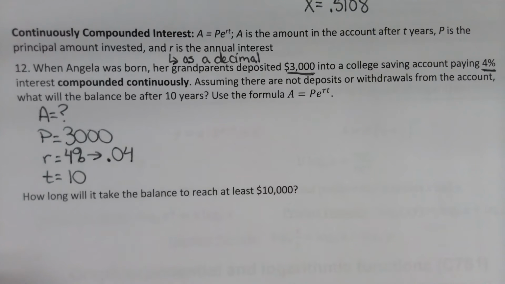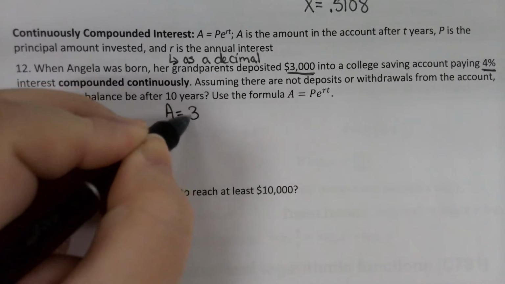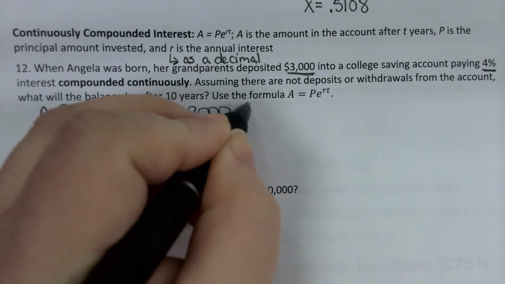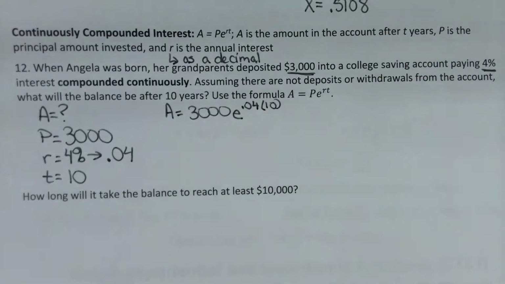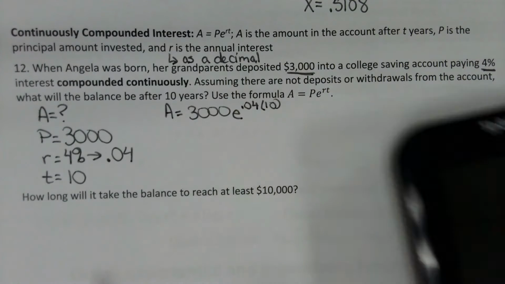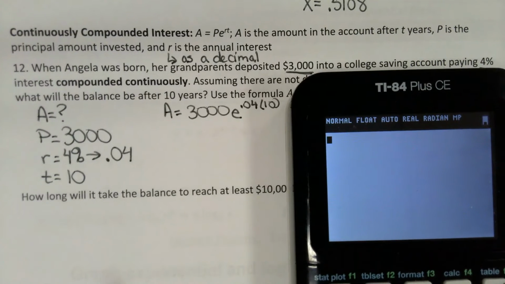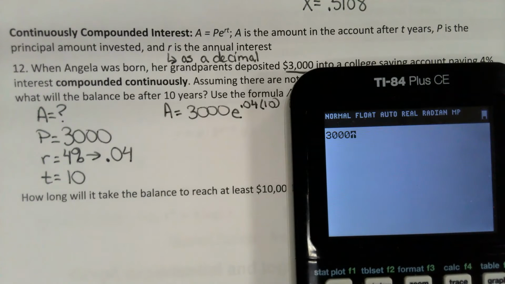So let's plug what we know into the equation. A equals 3,000 times e to the 0.04 times 10. Well, lucky for us, the variable that we're trying to solve for is already by itself. All I need to do is type into my calculator 3,000 second e to the 0.04 times 10.